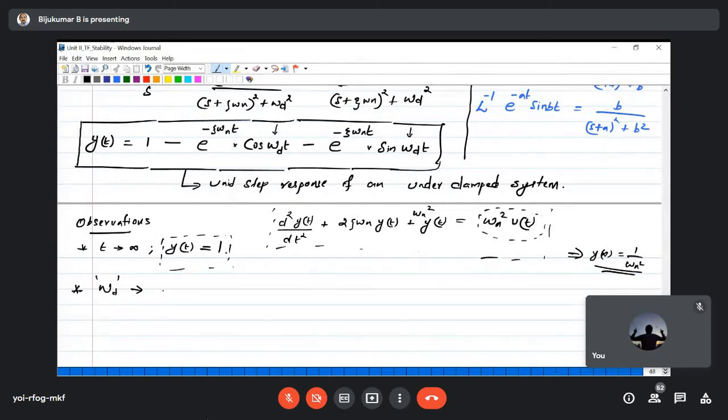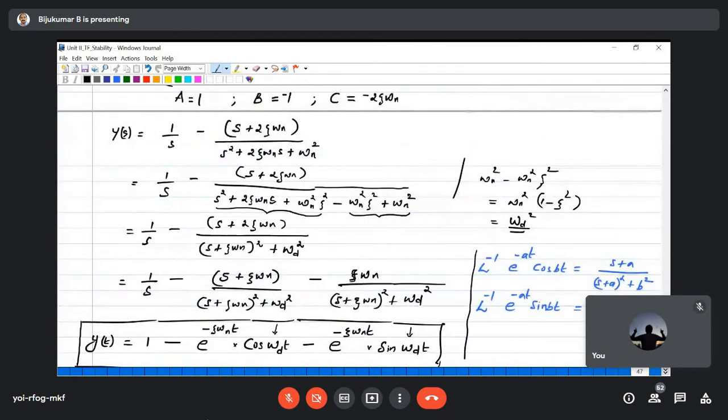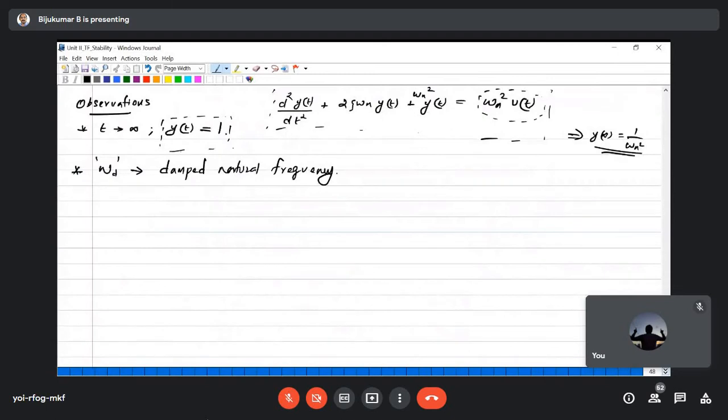It is multiplied with the exponential term. And what is the frequency of that sine term? It is omega d. Omega d is called damped natural frequency. So how will you define omega d? Omega d is the frequency at which a damped second order system output is going to respond with respect to an input. That is the definition.